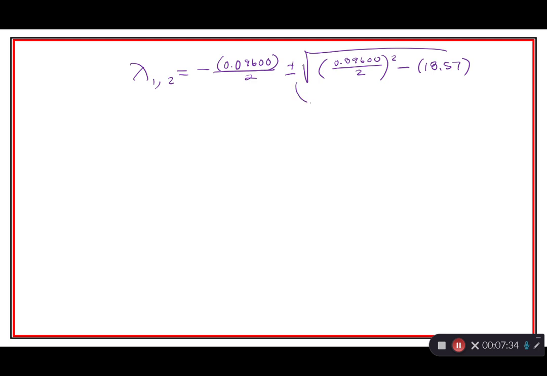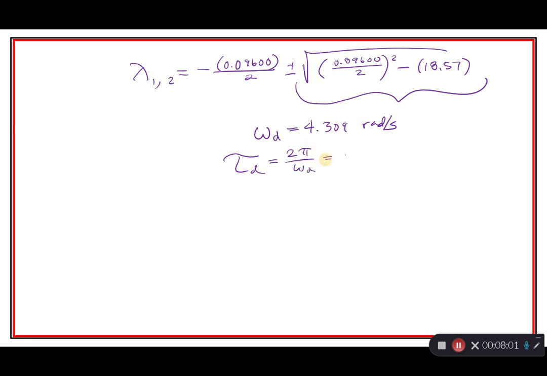And this whole thing becomes the omega d that I have for it, except that we have to make sure that we reverse the sign in there. We get 4.309 radians per second. Then the period is going to be 2 pi over omega d, 2 pi over 4.309.